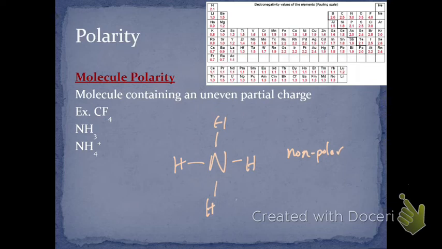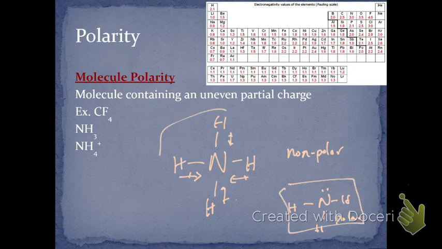Remember, you have this going on here, but they cancel each other out. These here cancel each other out. So this is nonpolar. Hopefully you can see that this one is polar, whereas the other one is nonpolar. You can see the lack of symmetry here causing the polarity, whereas you have some kind of symmetry there.